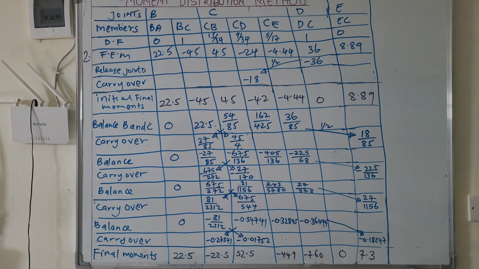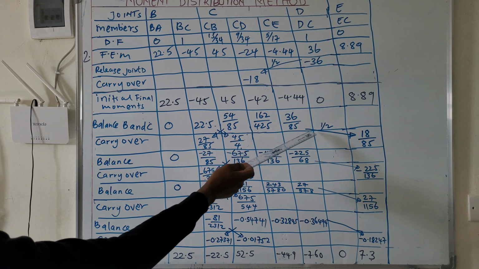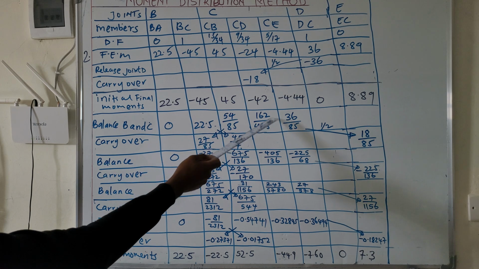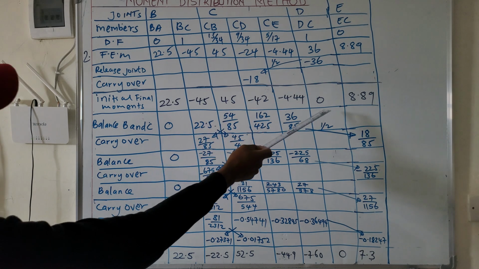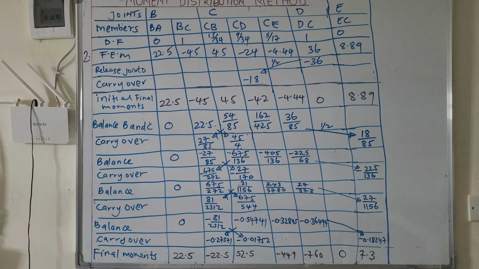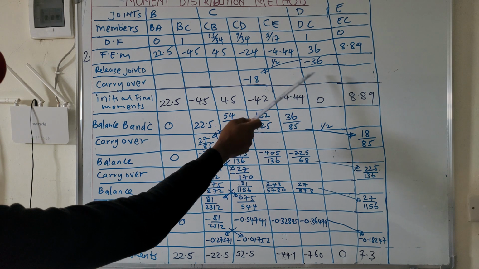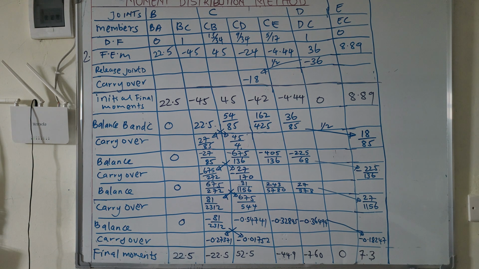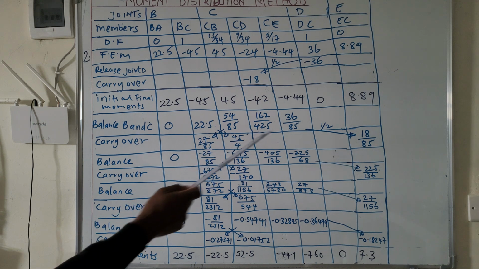You proceed. You come to this member CD. For member CD, you cannot carry a half of this value to DC because at DC we have already released this joint, and we know that for a pinned support, a roller support, or a simple support, the moment is always equal to 0.